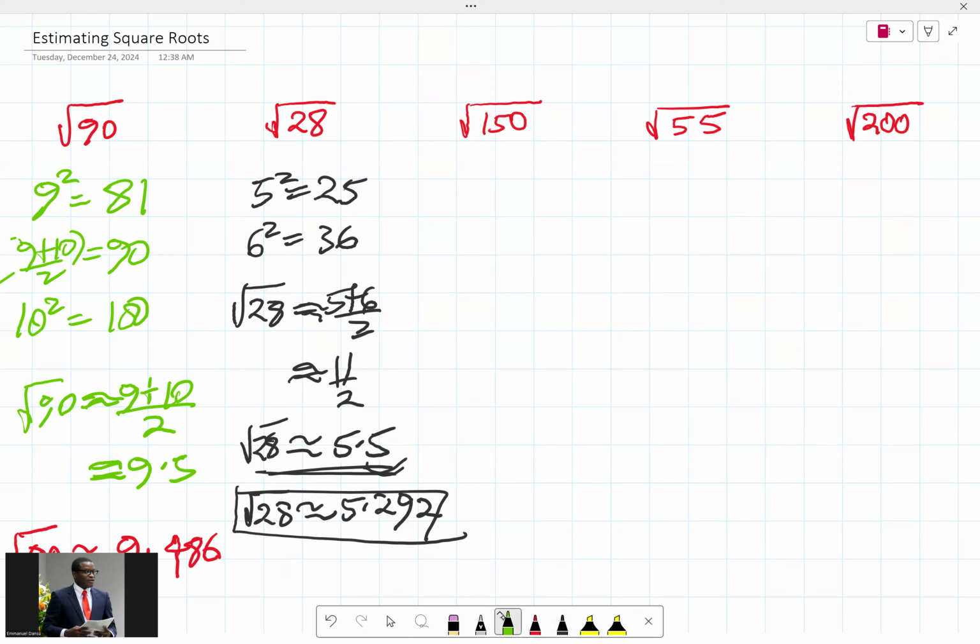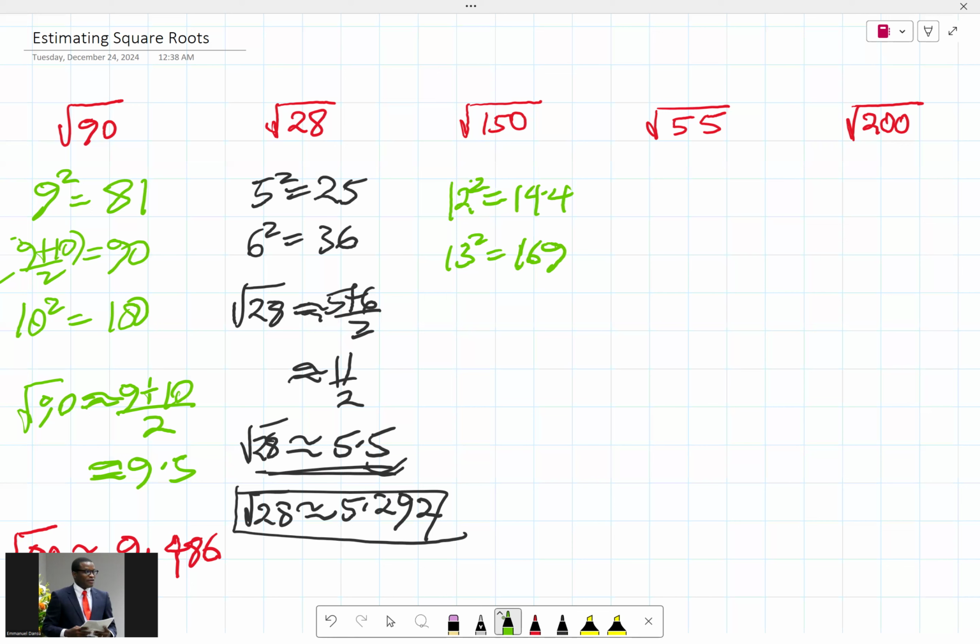Now let's go to the next one, where we have the square root of 150. Now, if you look at 150, 12 squared is 144. So automatically, we know the next is 13, and 13 squared is 169. And 150 is just 6 away from 144, but it is 19 away from 169.